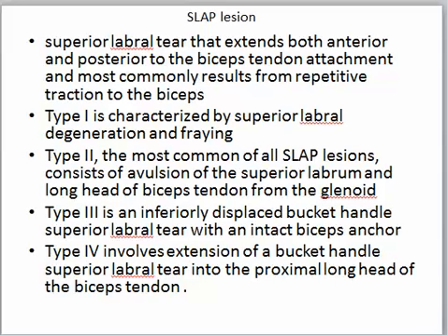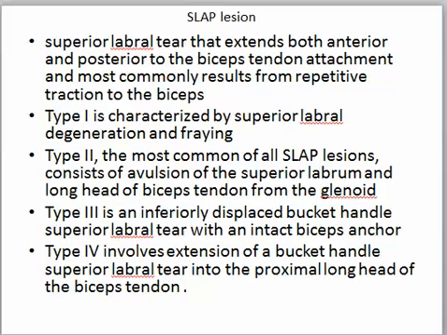And we know before that the biceps tendon is attached to the glenoid and has attachment to the superior labrum, both anterior and posterior. So repetitive traction on the biceps will result in SLAP.